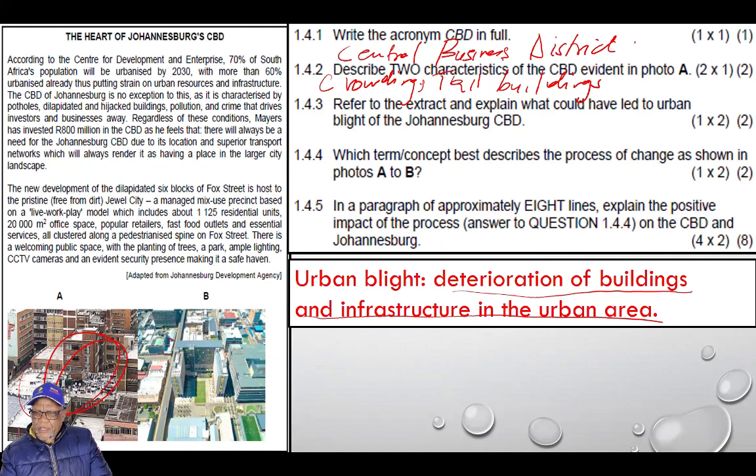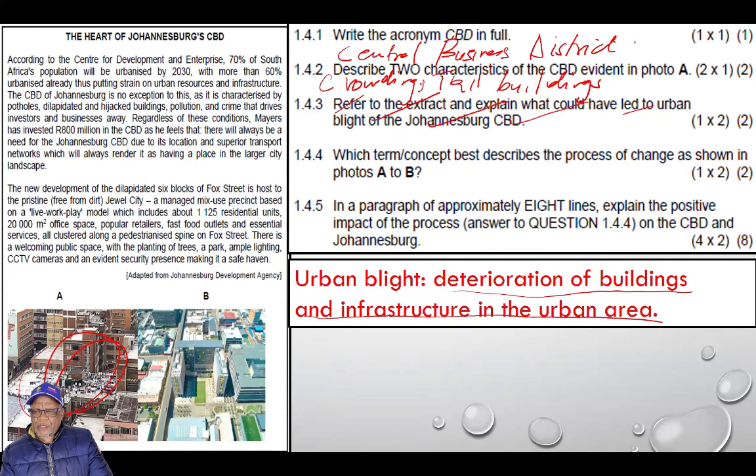And then refer to the extract and explain what could have led to urban blight of the Johannesburg CBD. Now, we said whatever is according to the extract, we're not going to answer those questions, because we're not going to get specific questions on that. But the characteristics of the CBD is something that you can get from other question papers, which you should know.